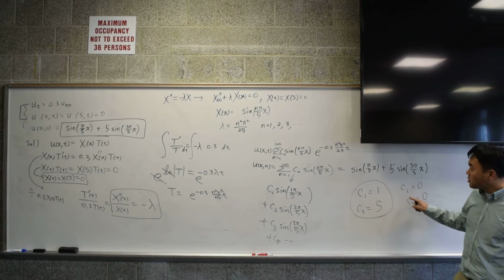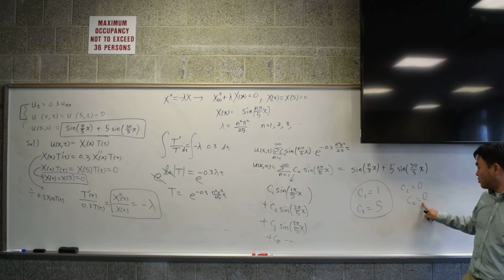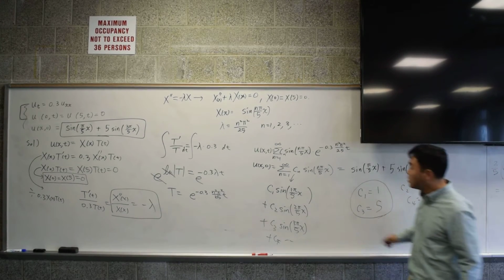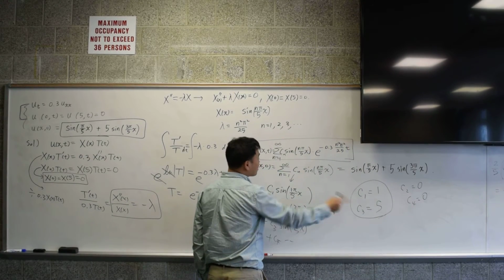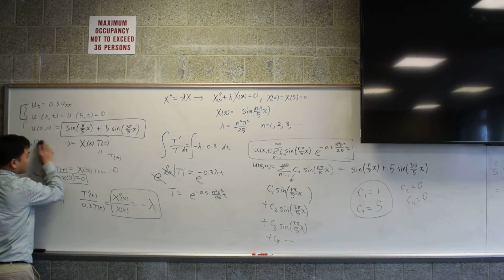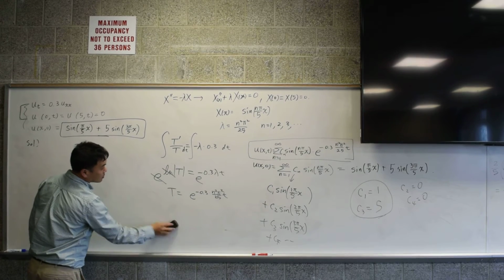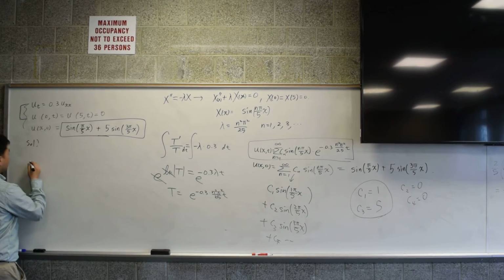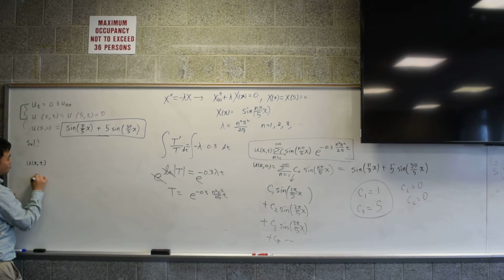Therefore, if you plug in C1 equal to 1, C2 equal to 0, C3 equal to 5, and C4 equal to 0, and on, into the original solution. This was the general solution, remember? If I plug those back in here, we get the following answer. Let's write down the answer. The answer is that what was represented as an infinite series is actually just two terms.